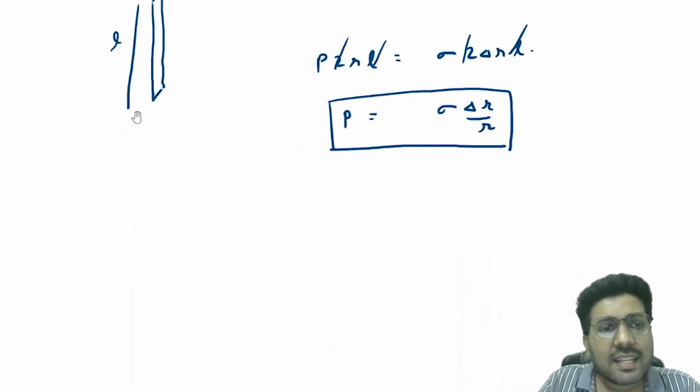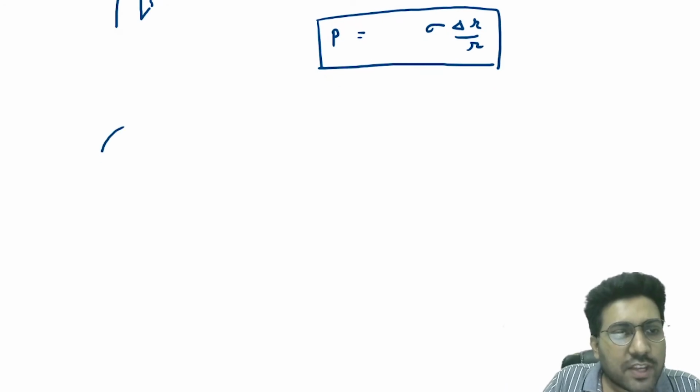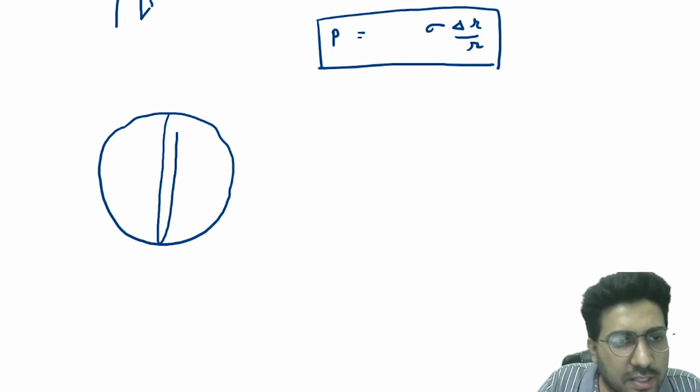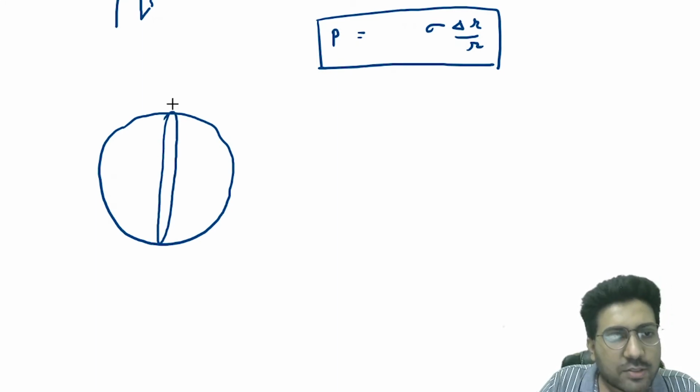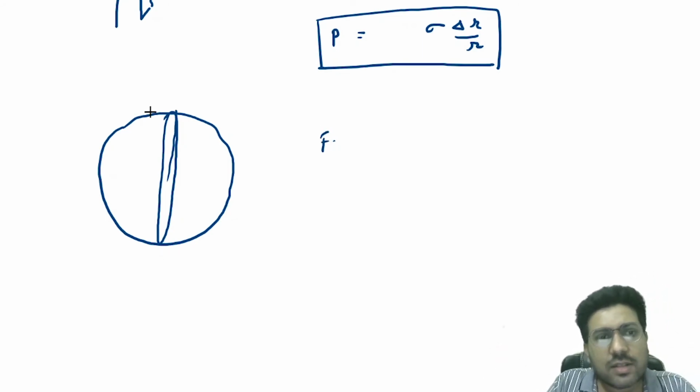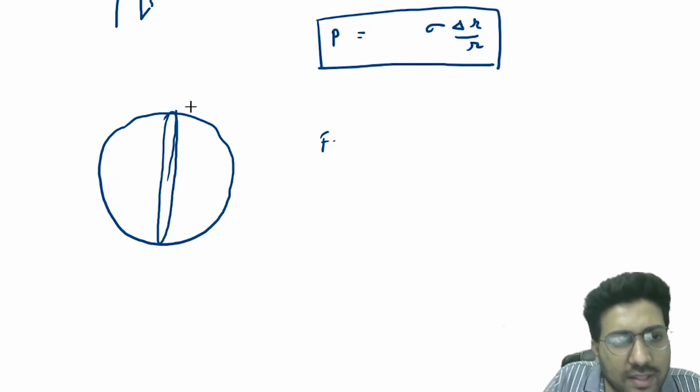Now the second case is that you have a sphere. So when you have a sphere, you know that the projected area will be pi r square. So this time the force due to pressure on one side, the net force is 0, but I am taking only one side.